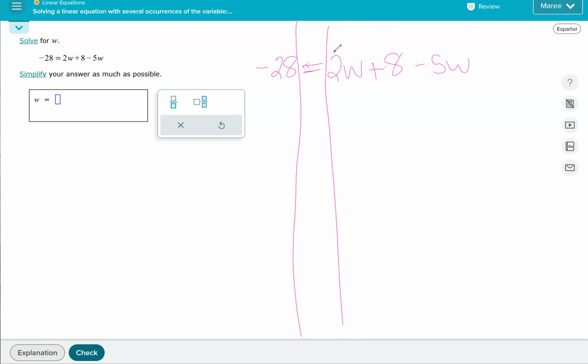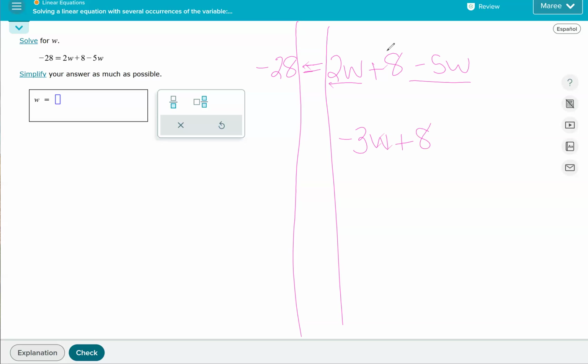So we're going to combine like terms, and we have a positive 2w and a negative 5w. It's very important to see the sign in front of the term and keep that sign with the term. So this 5w is a negative 5w. When we combine 2w and negative 5w, we're doing 2 minus 5, or negative 3w plus 8.